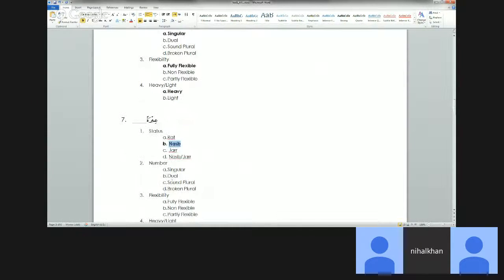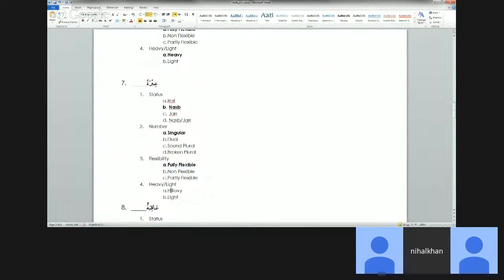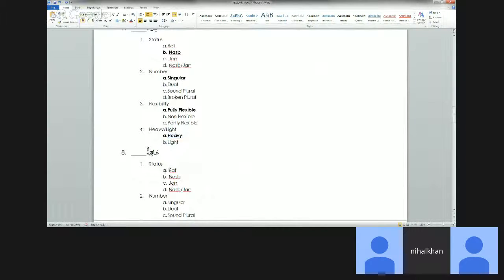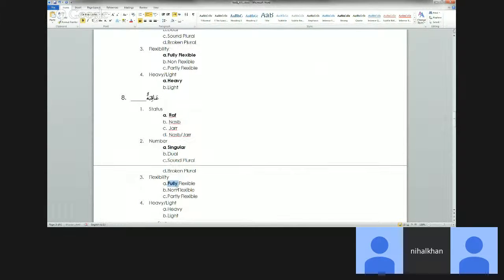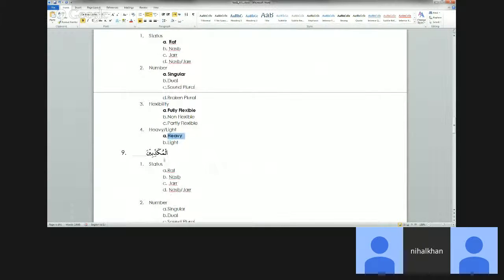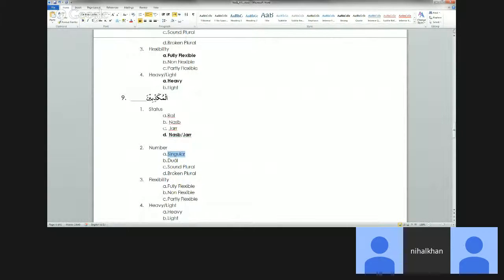Ibratan, nasab, singular, fully flexible, heavy. Rafa, singular, fully flexible, heavy. Al-mukaththibina, nasab or jar, sound plural, fully flexible, heavy.